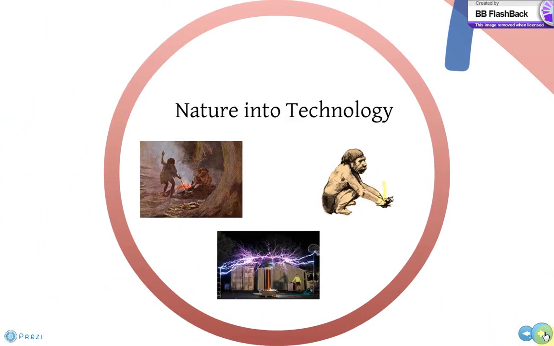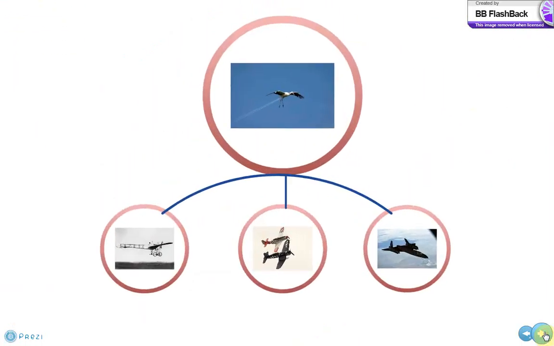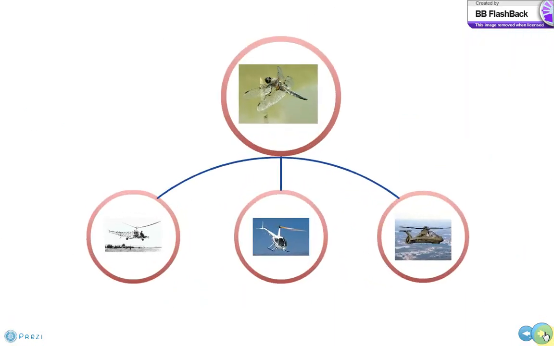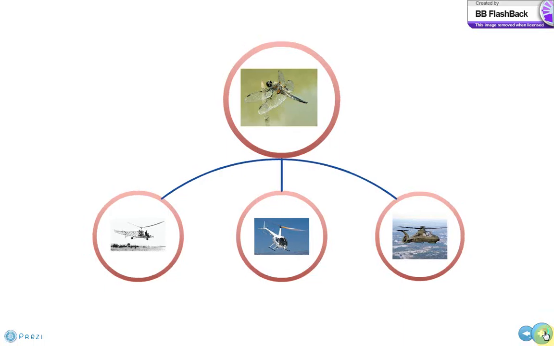Throughout history, humans have been known to copy things from nature's great creations and make an artificial version to benefit our daily lives. For example, we model airplanes after birds so we can fly. We model helicopters after dragonflies so now our flying machines can hover.